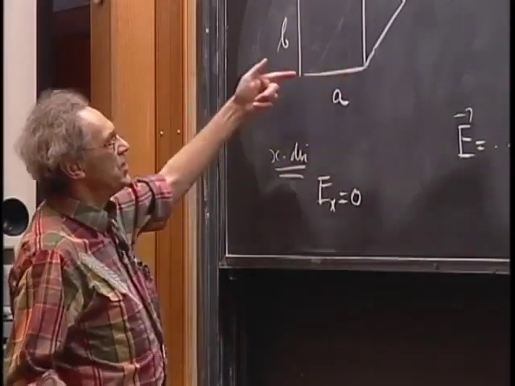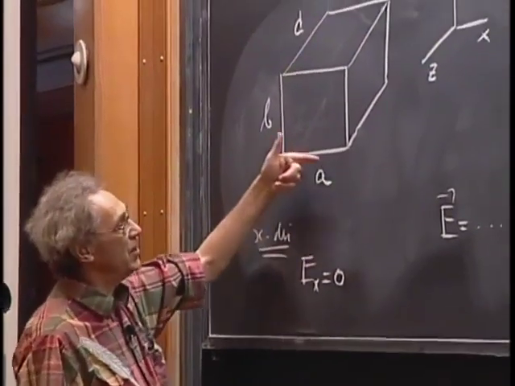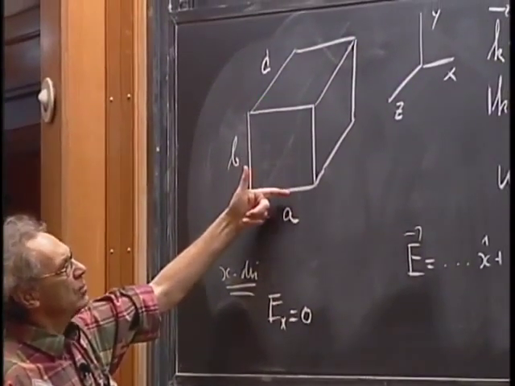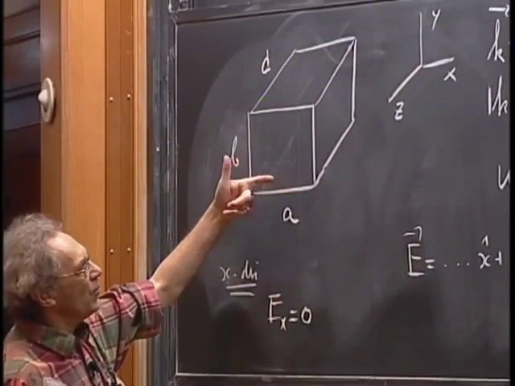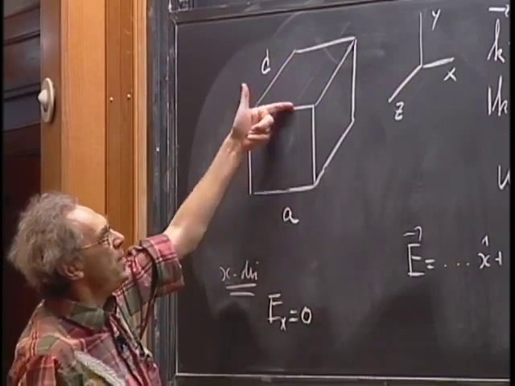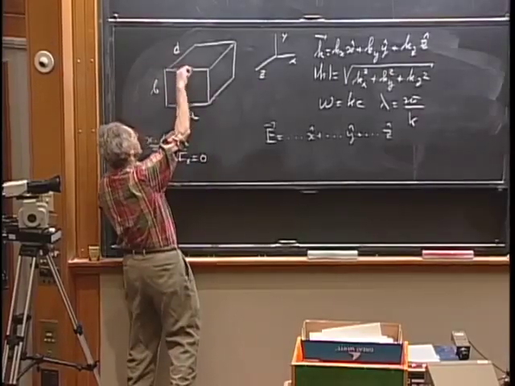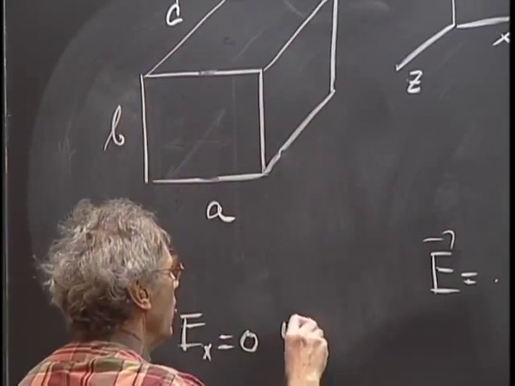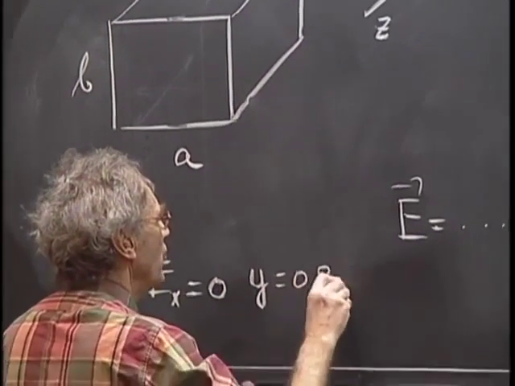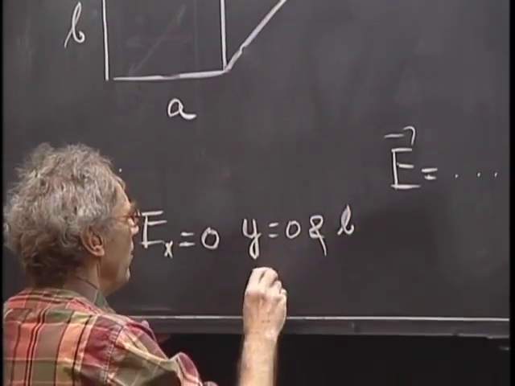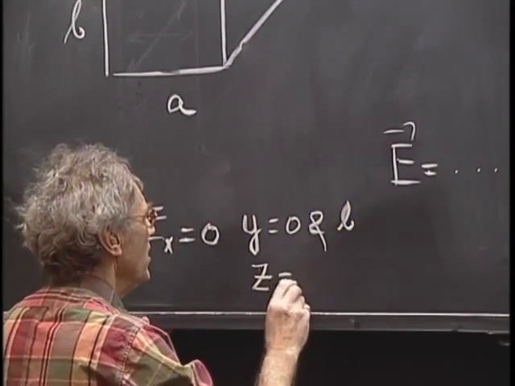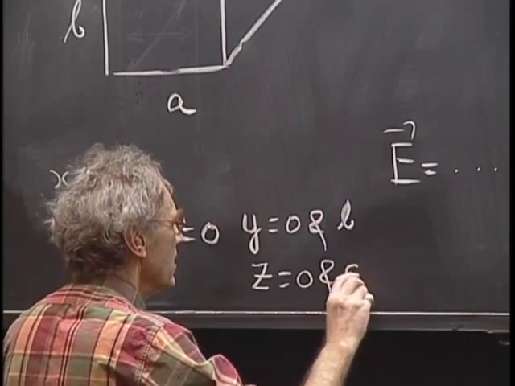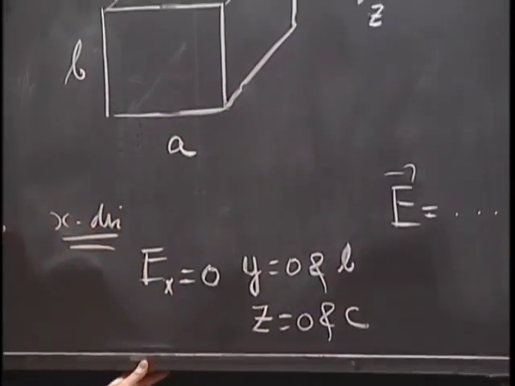E of x, which is the component of the E field in the x direction, must be 0 at y equals 0 and at y equals b. If it were not 0, there would be a tangential electric field in that top plate. But it must also be 0 when z is 0 and when z is c.